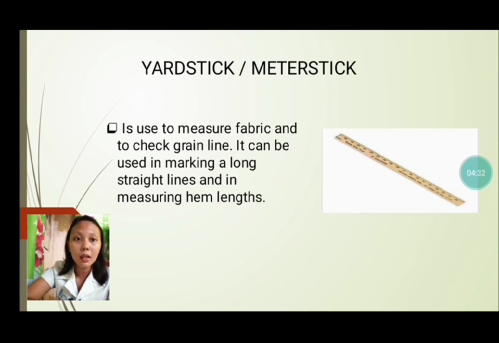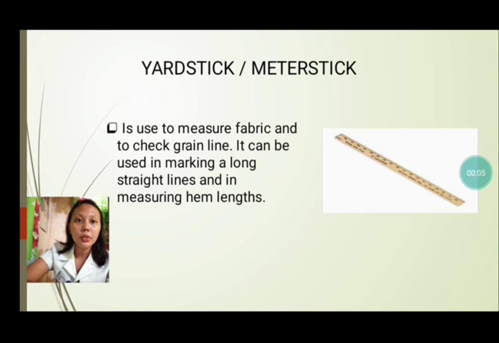Let's proceed to the fourth one. We have the yardstick or meter stick. It's used to measure fabric and to check the grain line. It can be used in marking along straight lines and in measuring hem lengths. Why do you think a yardstick or meter stick is used to measure fabric instead of a ruler?